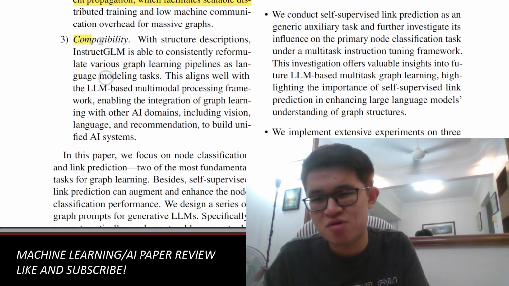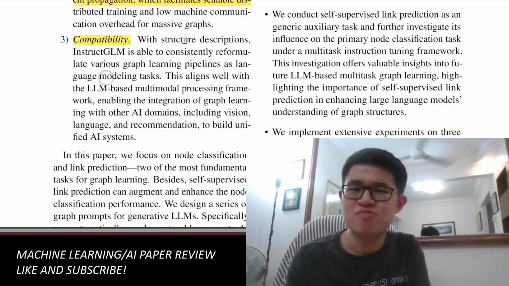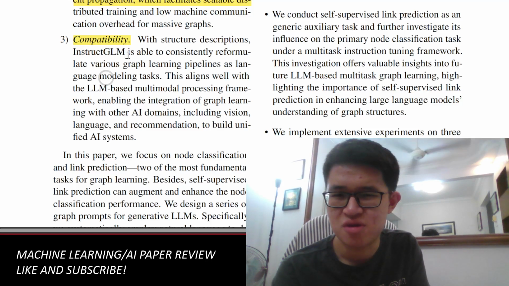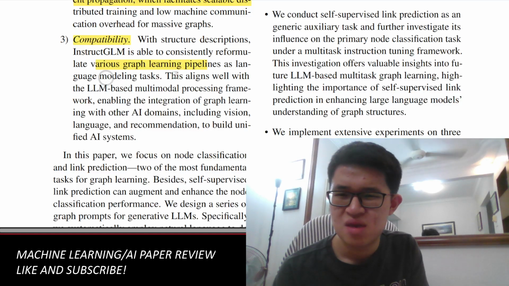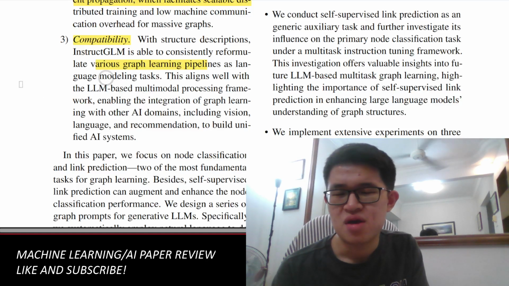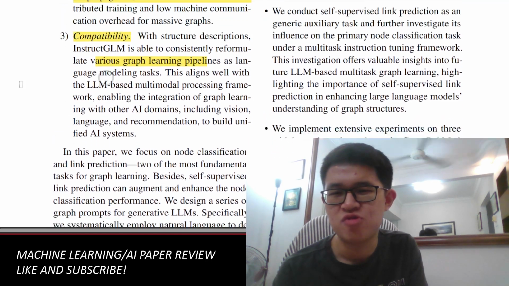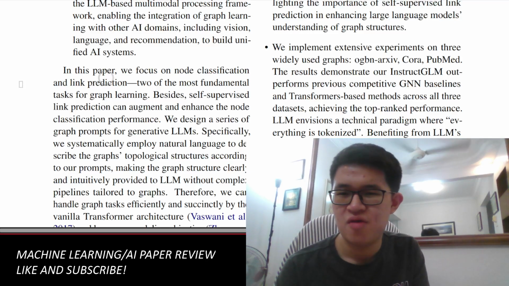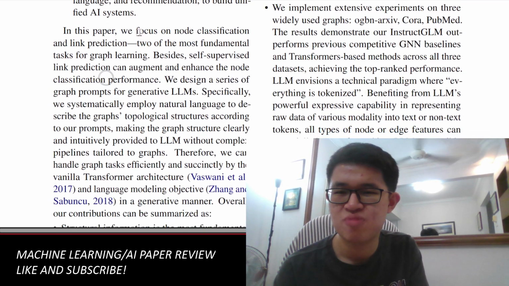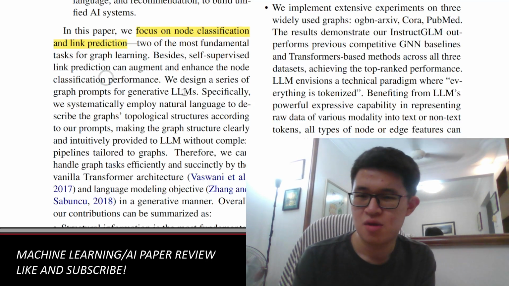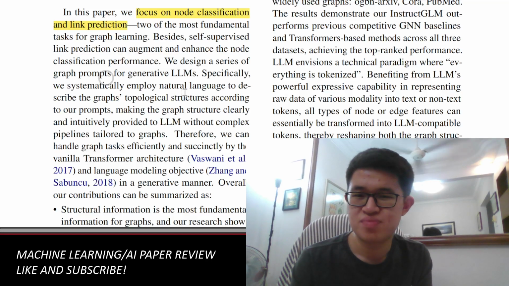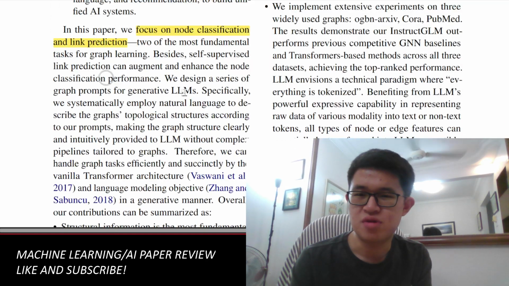How about compatibility? With structured descriptions, InstructGLM is able to consistently reformulate various graph learning pipelines. Okay, so it's saying that it's compatible with a lot of different domains. Fair enough. In this paper, they focus on node classification and link prediction.